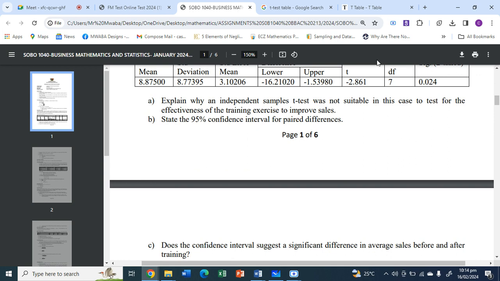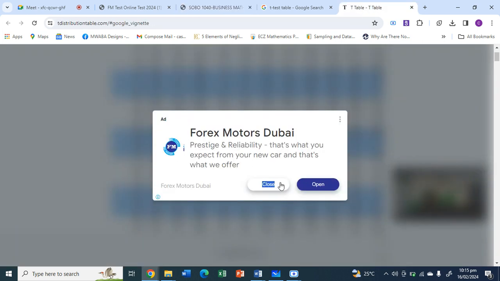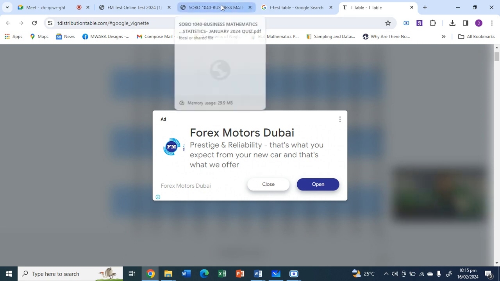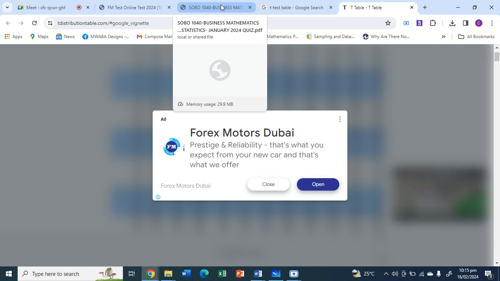Number two, let's see the test statistic. Remember, when you're going on the t-table, ignore the negative sign because you're only going to find positive numbers here. So you take the absolute value, meaning the number without considering any positive or negative sign.